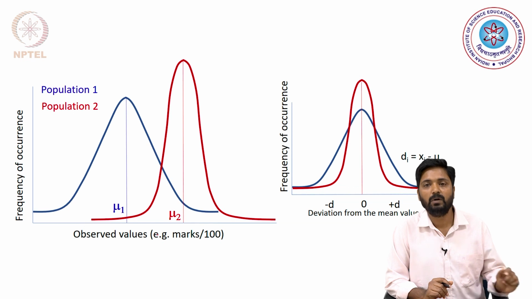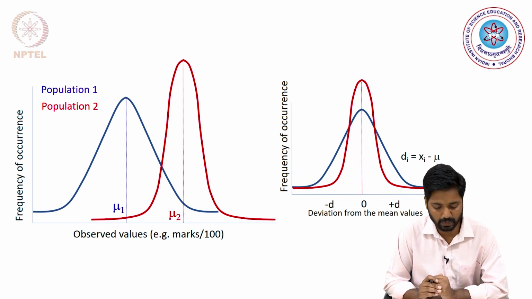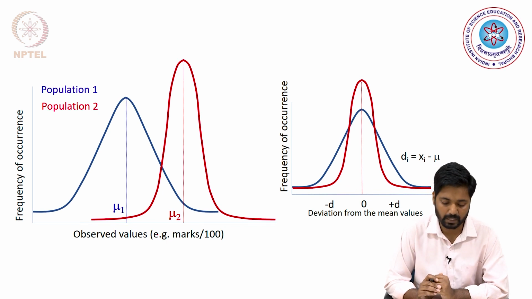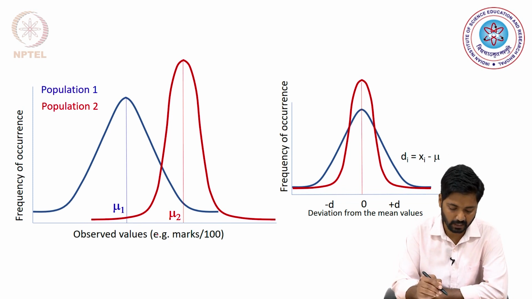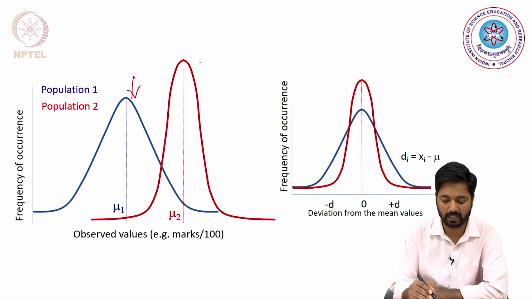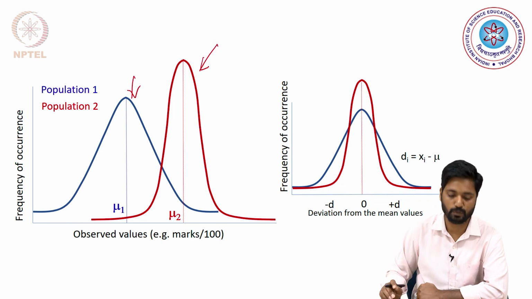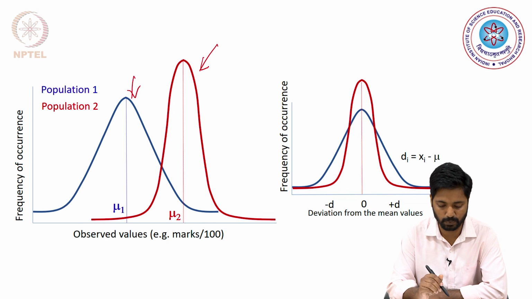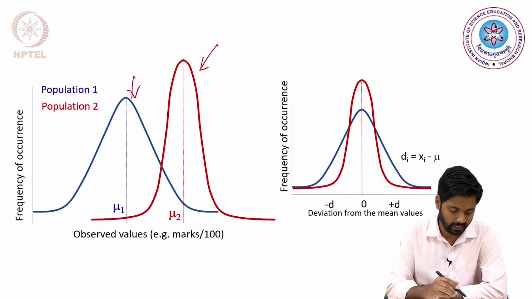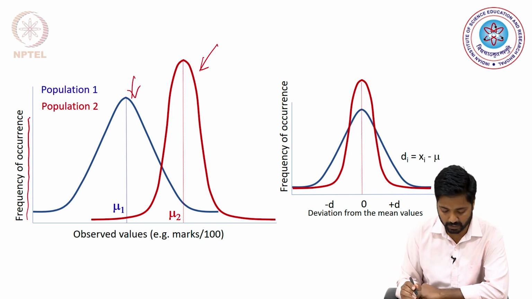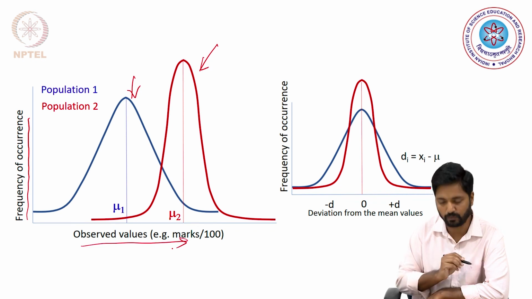Okay. Now, let us consider a simple example where we are dealing with two different populations. Now, these populations are shown in this slide as the blue profile and the red profile. So, population 1 is denoted in blue while population 2 is denoted in red, and we have plotted in this graph the frequency of occurrence and the observed values.